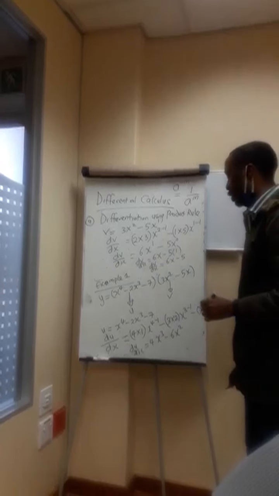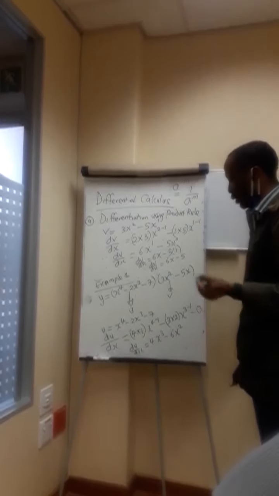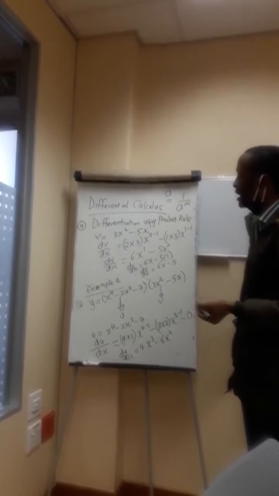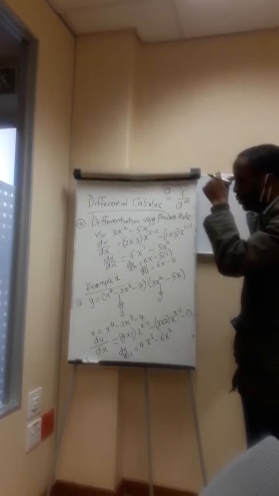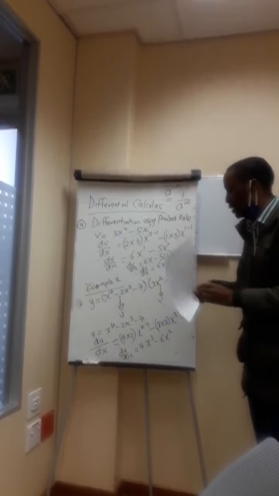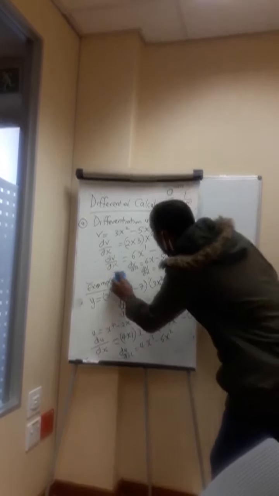And I simplify. So now I know my u, I know my v, I know my du/dx, I know my dv/dx. Now I can use the product rule formula to get my dy/dx, in which dy/dx is u dv/dx plus v du/dx. So let me quickly do that. Let me wipe this off.